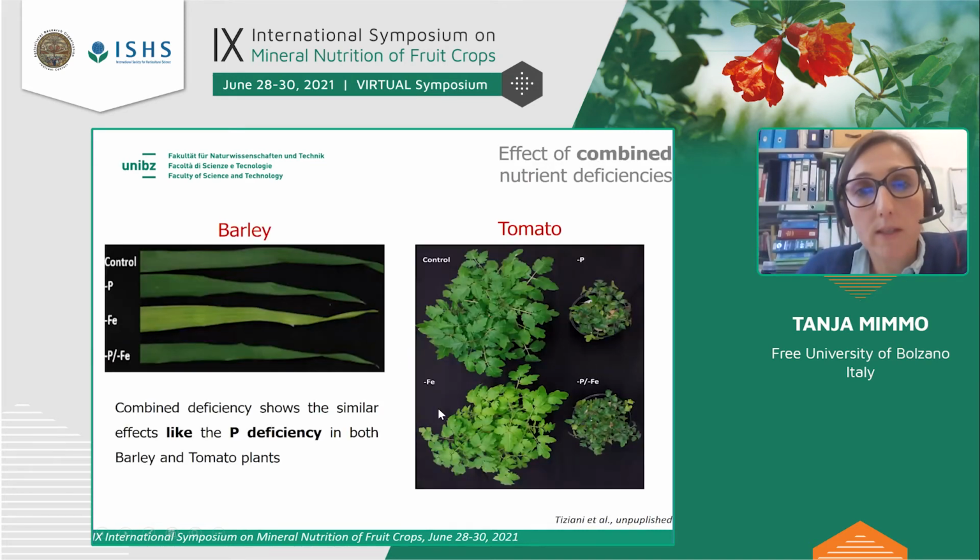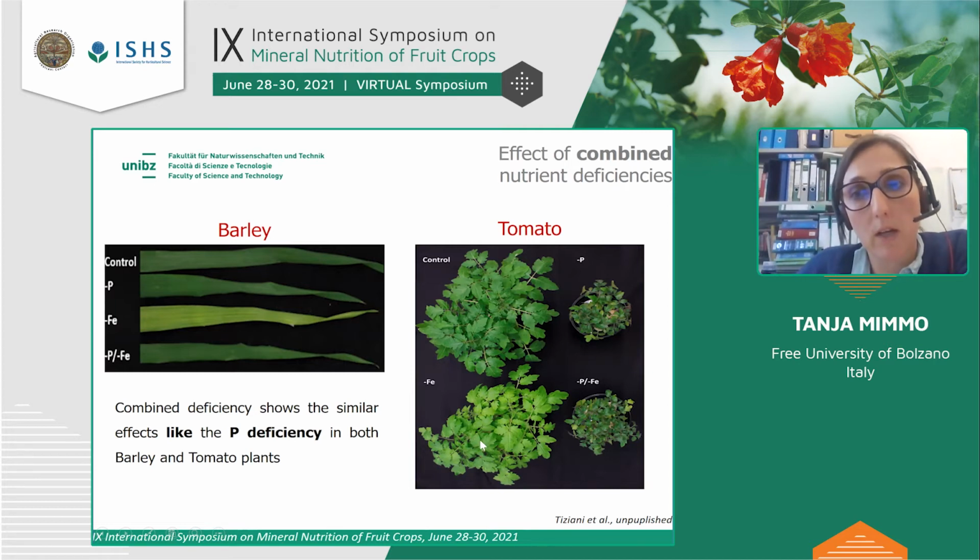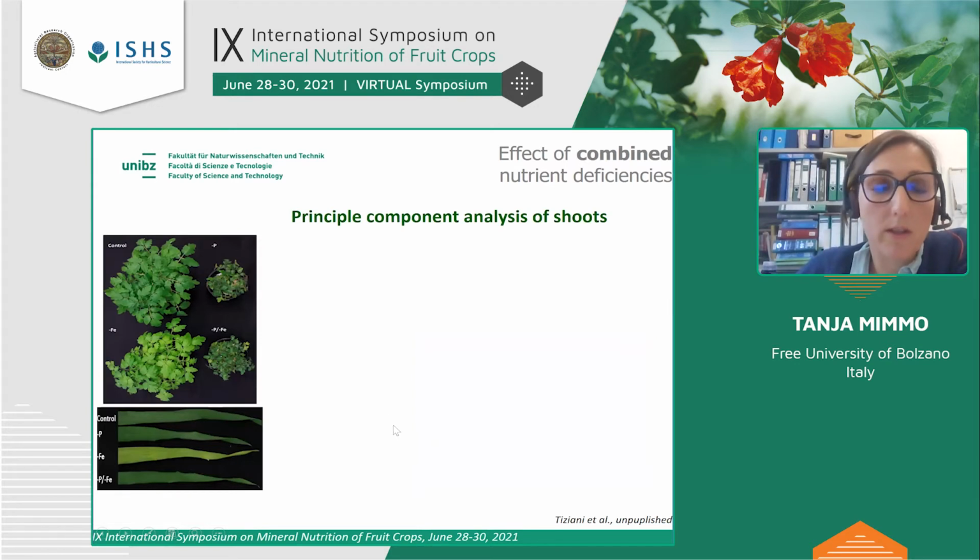So we approached this aspect with two plants, barley and tomato, again a monocot and a dicot, in 4 different conditions. Control condition means full nutrient conditions, minus P, minus phosphorus, minus iron, and a combined minus P, minus iron condition. Due to time restrictions, I will only show you some results of this study.